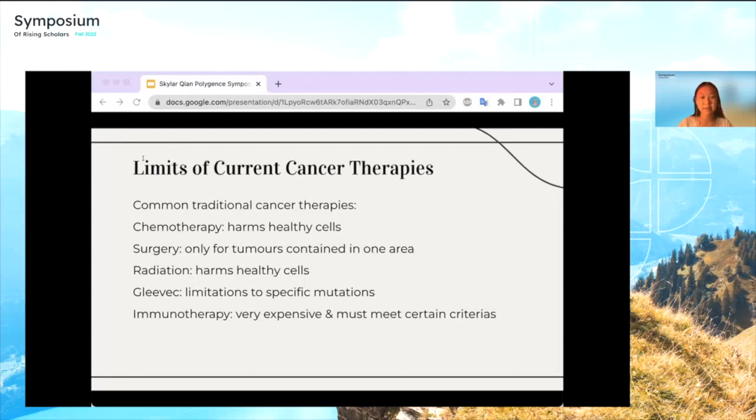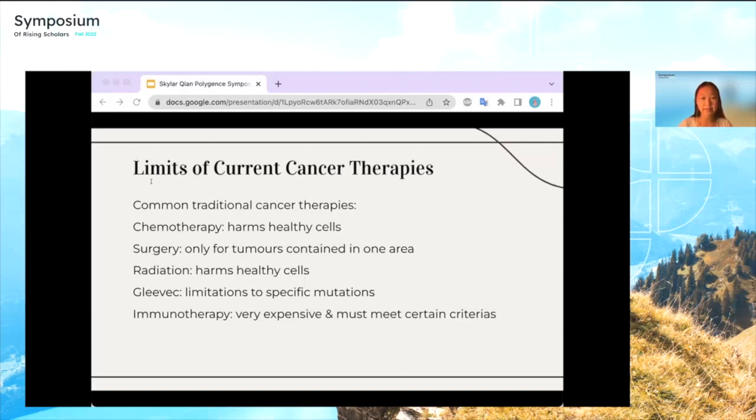As you can see, their main problems mostly stem from the fact that they harm the healthy cells or they're unable to target the specific tumor, as many cancer tumors spread into all sorts of interesting shapes, creating a vague line between the cancer tumor and healthy cells, so they're generally unpractical.